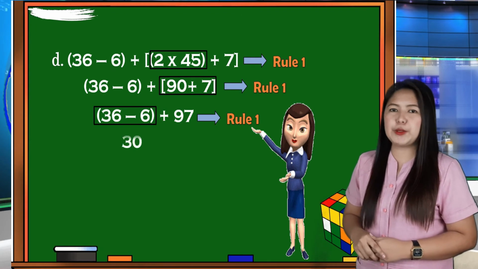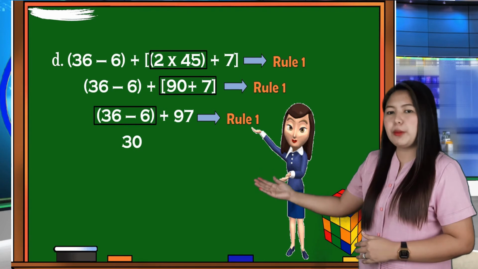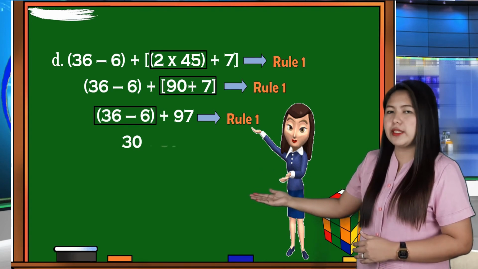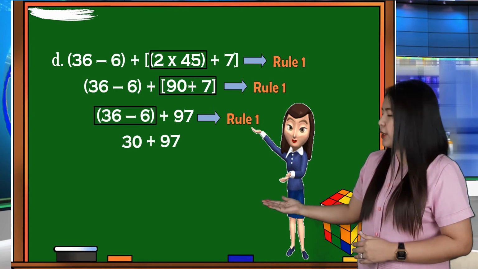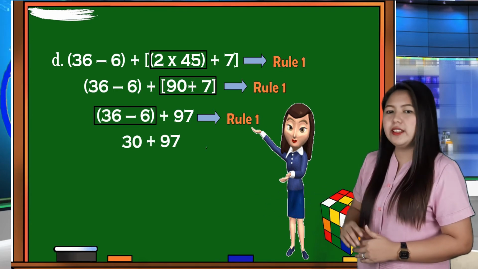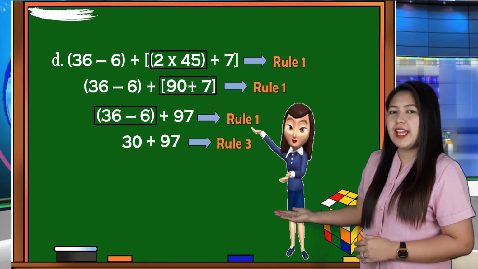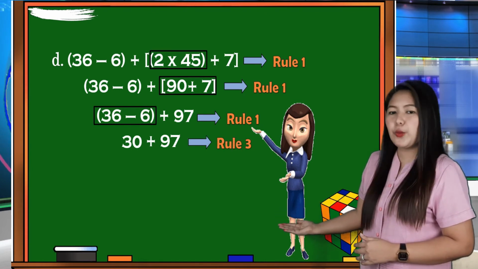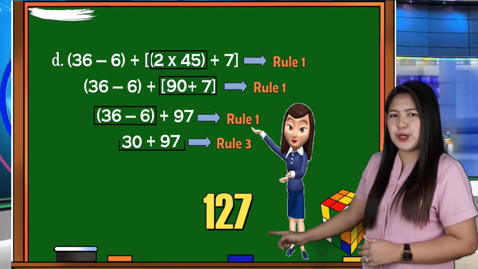Since meron pa tayong nasa loob ng parenthesis, rule number 1, isosolve natin 36 minus 6 is 30. And 30 plus 97 is 127. And this is our final answer.